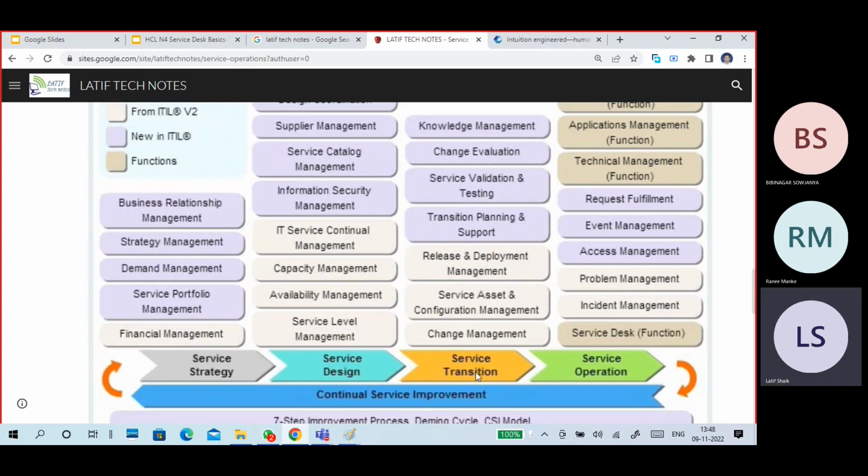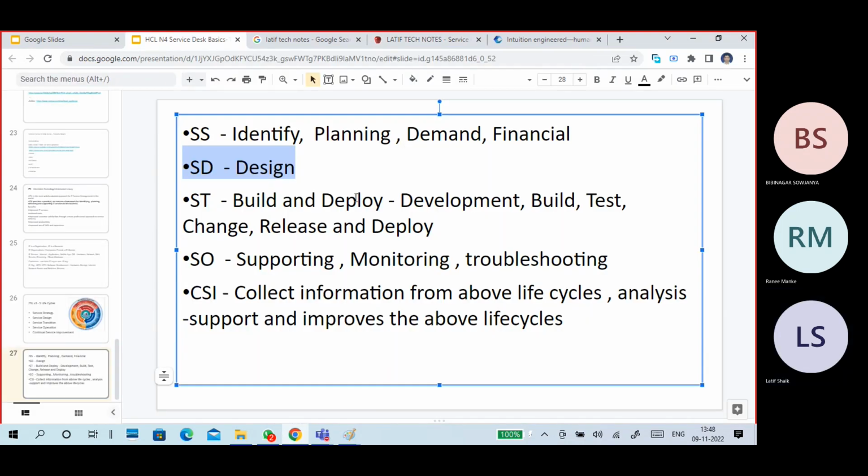This is service design, guys. Service transition is about release and deploy. Service design is about designing a blueprint, designing an algorithm, designing some schema.